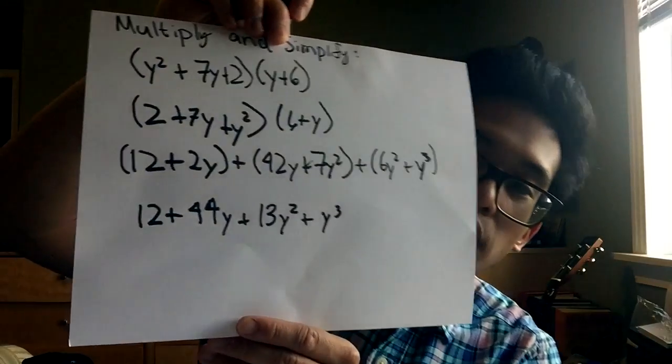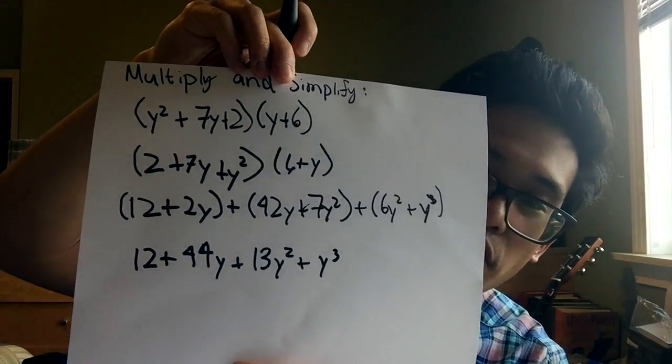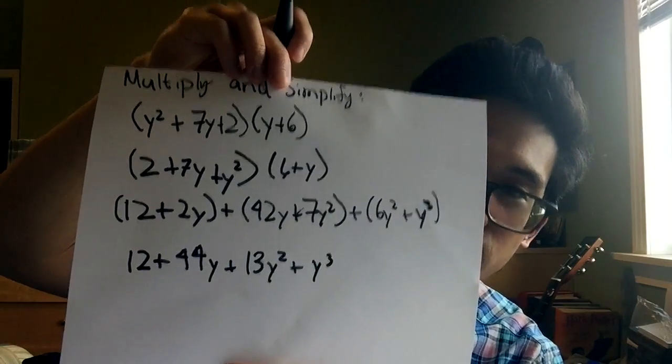There is a 7y squared and a 6y squared, so that makes 13y squared. Plus, now we're gonna add a y cubed. Are there any more y cubes? I don't see any more, so we're just gonna have a plus y cubed. And that is 12 plus 44y plus 13y squared plus y cubed.